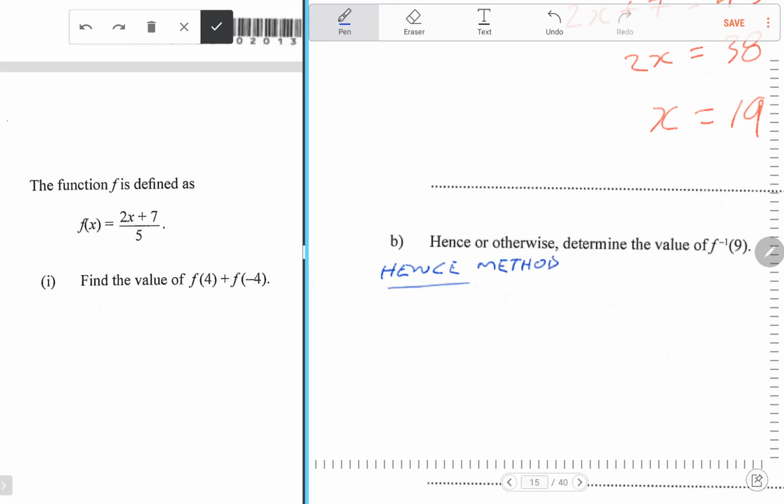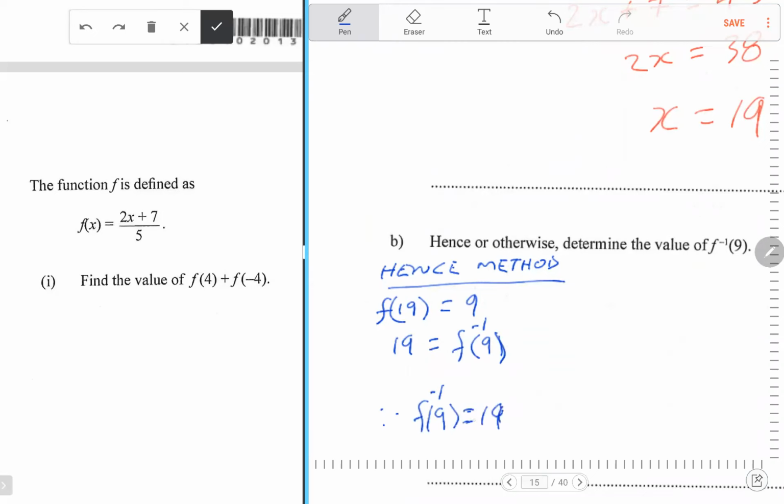So the hence method, based on what we did up there, means that f of 19 was 9 from up the top. F of 19 equals 9 means that 19 equals f to the minus 1 of 9. So that gives us the answer. Therefore, f to the minus 1 of 9 was 19.